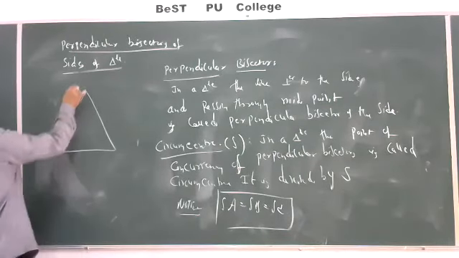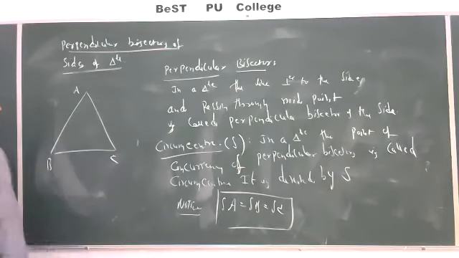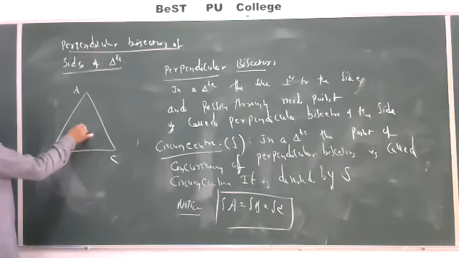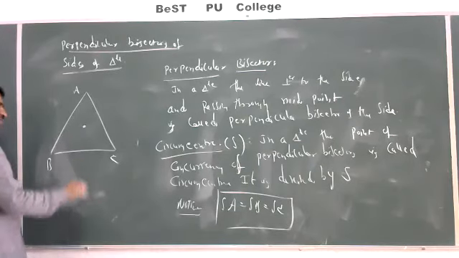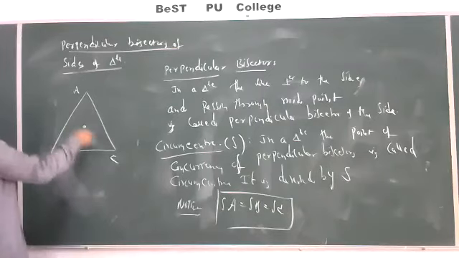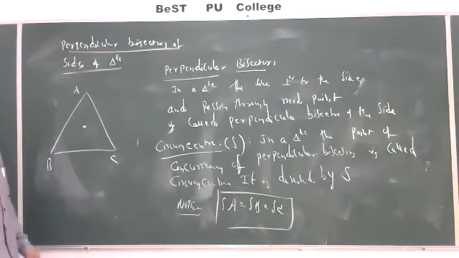In an equilateral triangle, the centroid, orthocenter, and circumcenter are the same.